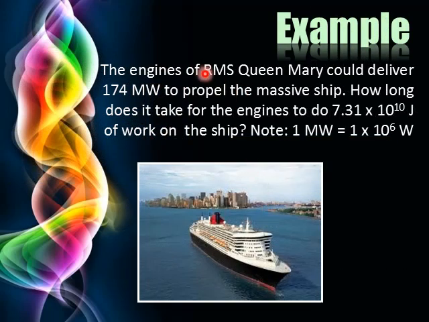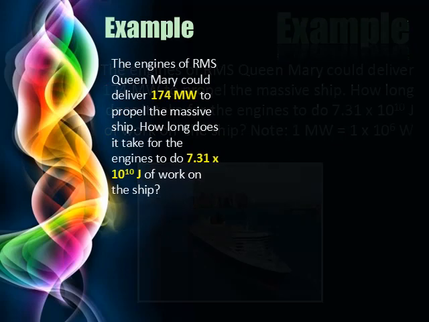Okay, so for example, the engines of RMS Queen Mary could deliver 174 megawatts to propel the massive ship. How long does it take for the 4 engines to do 7.31 times 10 to the 10th joules of work on the ship? We note that the conversion factor is 1 megawatt is equivalent to 1 times 10 to the 6 watts.